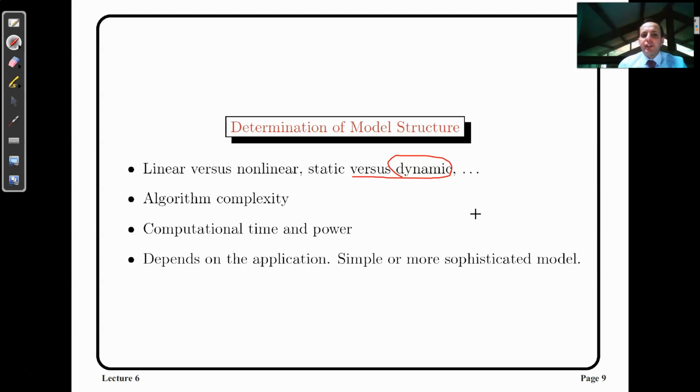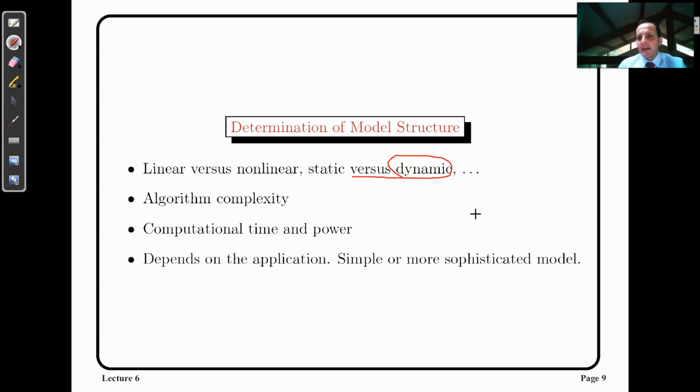According to the determination of the model structure, we need to consider the algorithm complexity, because, if you remember, a more accurate solution is obtained by a more complex algorithm. This means that perhaps you are increasing the computational time and power, because more computational time implies that you are using more power.